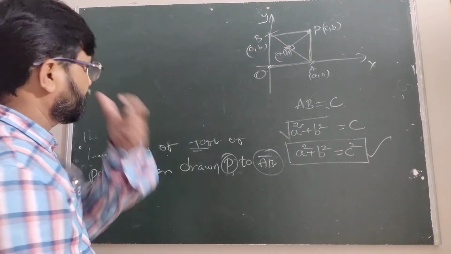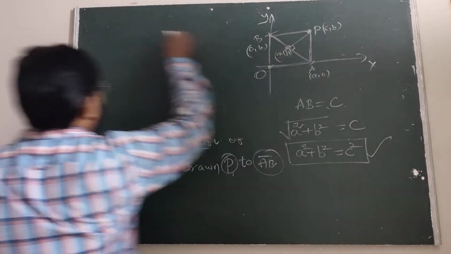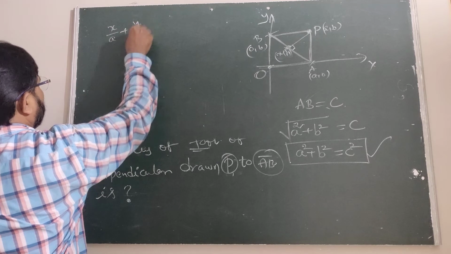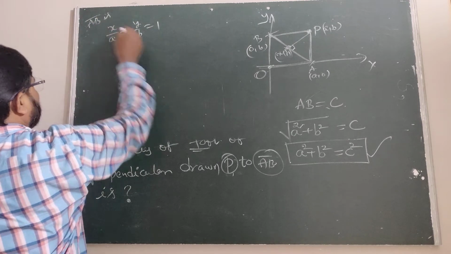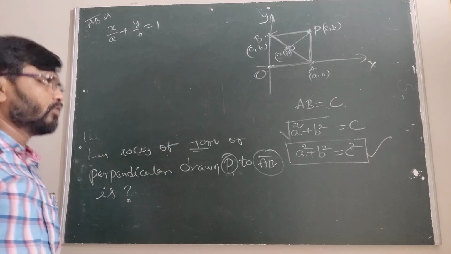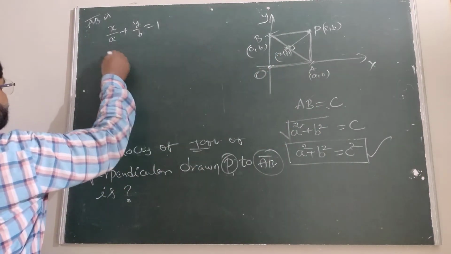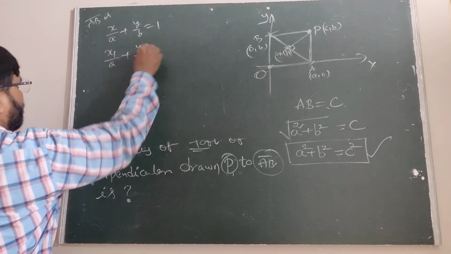Now here first we have to know the equation of the line. This is the equation of AB: x by a plus y by b equal to 1. This is passing through the point (x1, y1), that is x1 by a plus y1 by b equal to 1.